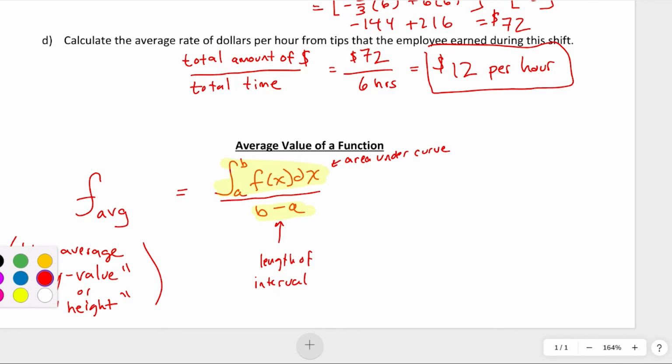Sometimes you'll see this formula written like this. 1 over b minus a times that definite integral. It's the same thing, basically. I've seen it written both ways. I don't know if there's really an advantage one way or the other. But that's it. That's how you find the average value of a function.